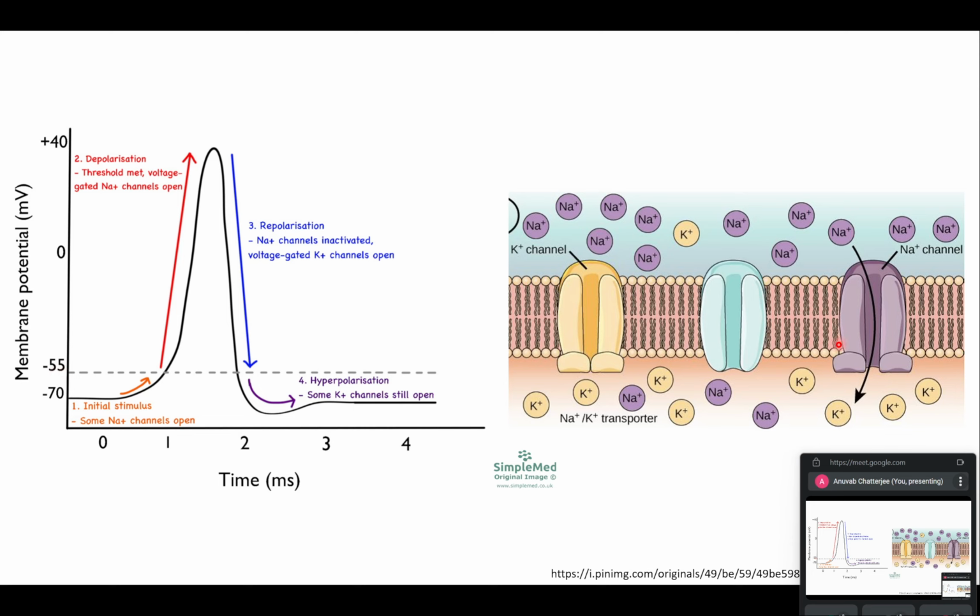And once you have a gateway that opens directly into the neuron, a lot of sodium ions that were being kept outside start flowing in because of the concentration difference between the sodium ions outside and inside. This immediately raises the membrane potential even higher because positive ions are getting into the cell.